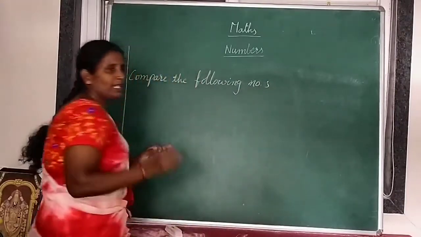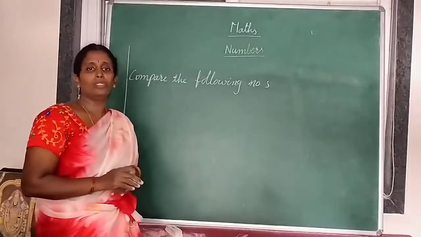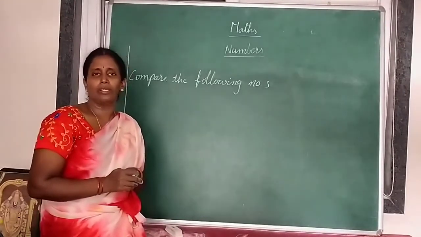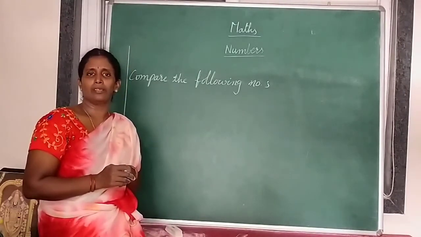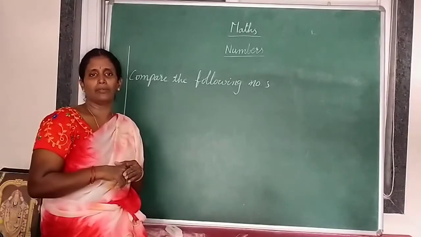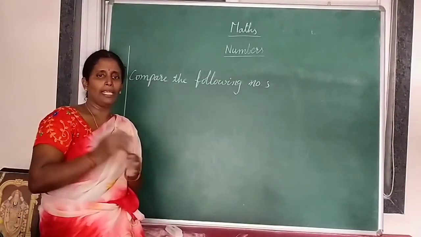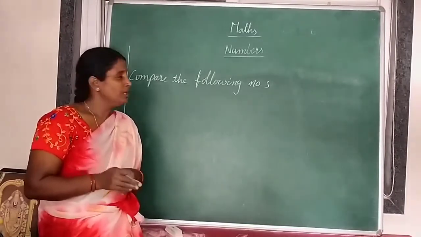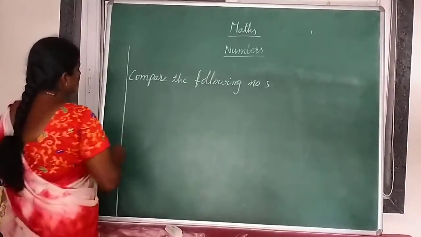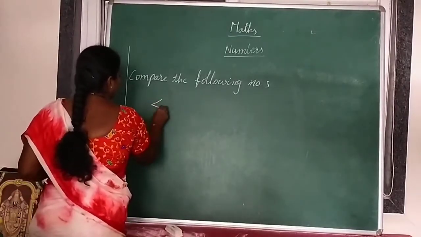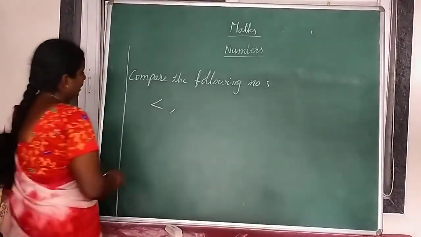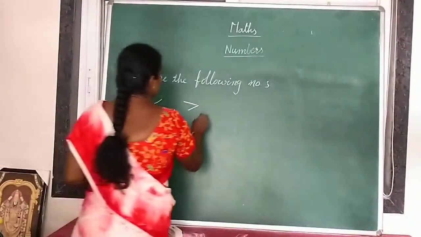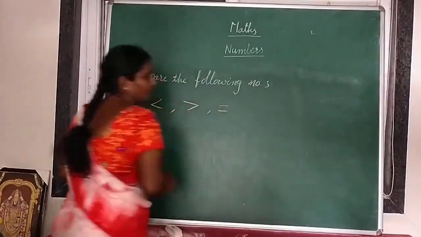To compare numbers, we have to use symbols. Do you know what symbols we use to compare numbers? There are 3 symbols. One is less than, the next one is greater than, and one more symbol is equal.